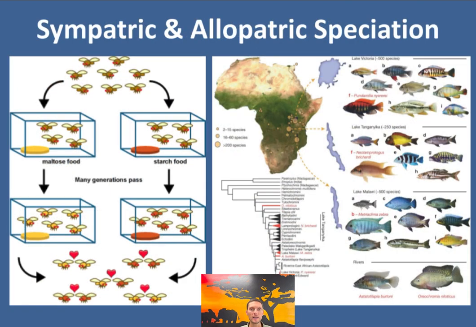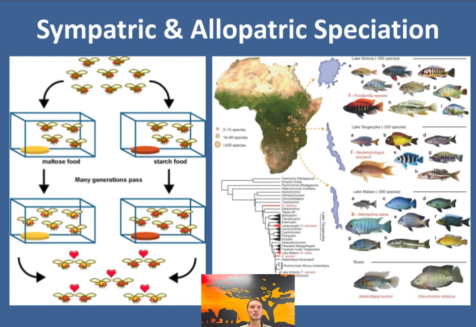Speciation can occur in two different forms, allopatric or sympatric. And allopatric speciation is the formation of new species while being geographically isolated from the parent population or from one another. And so this is due to geographic isolation. This isolation prohibits gene flow because the population is divided into two. They can't intermix, they can't breed with one another in these separate populations.